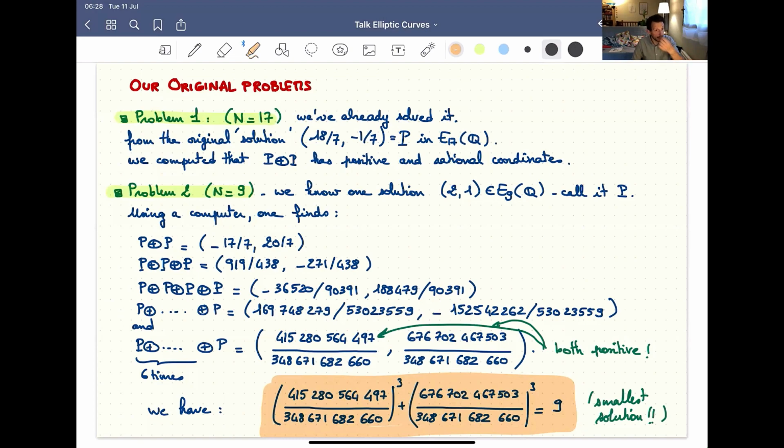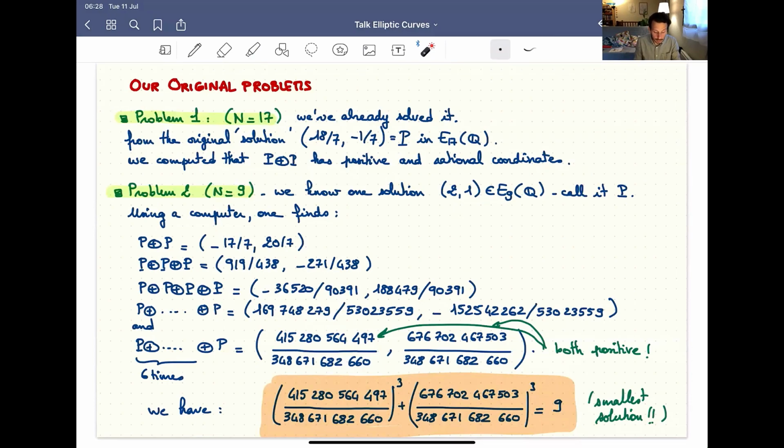You can't find this by looking at random with a computer, right? You look for, again, small solutions. You can never find this, I don't think. So what I wrote down here is a solution to the problem. It's the smallest one.